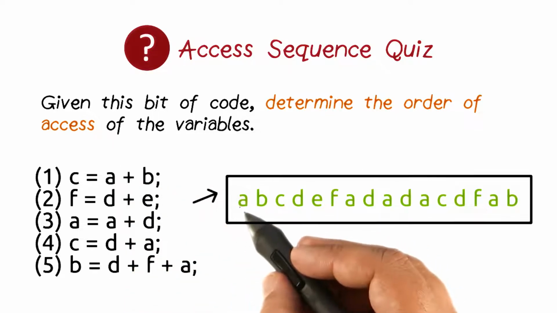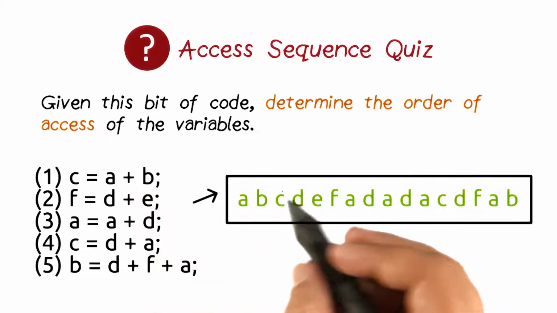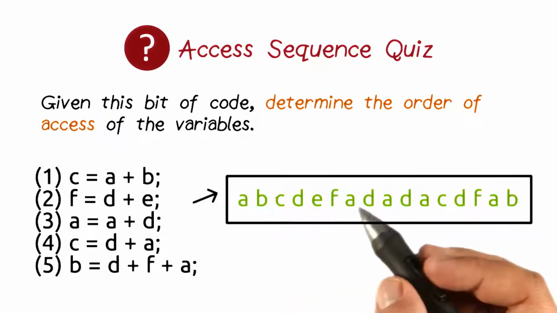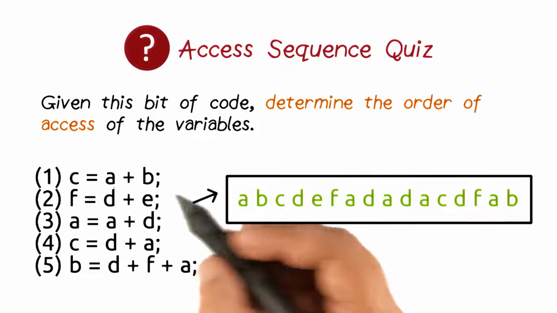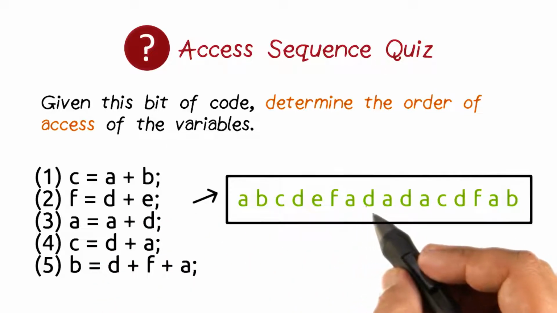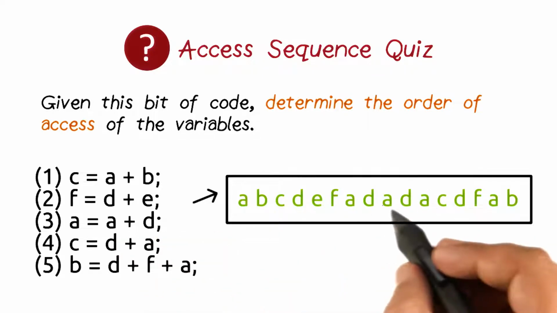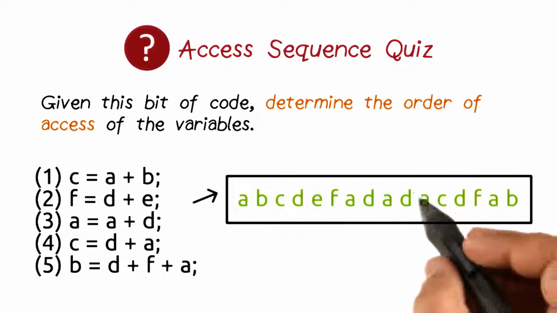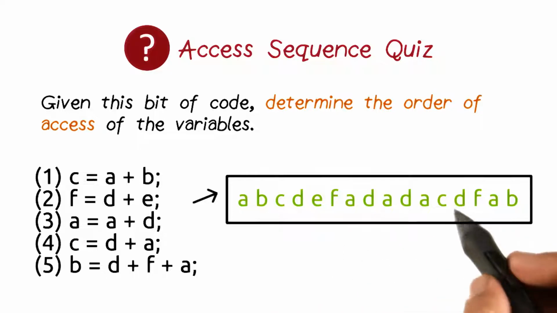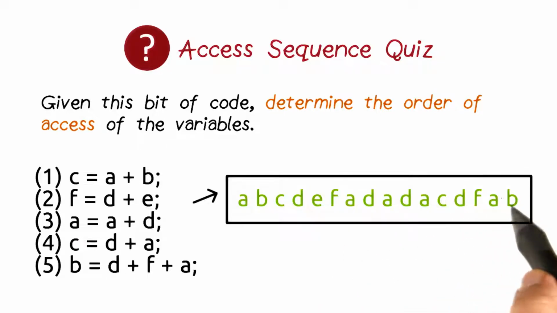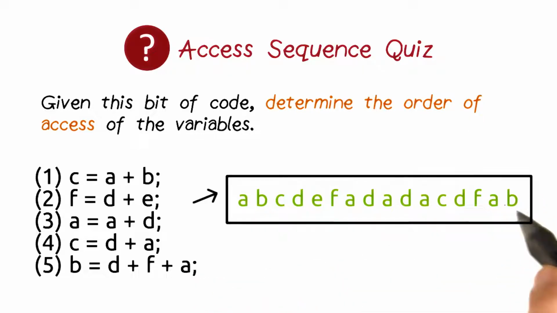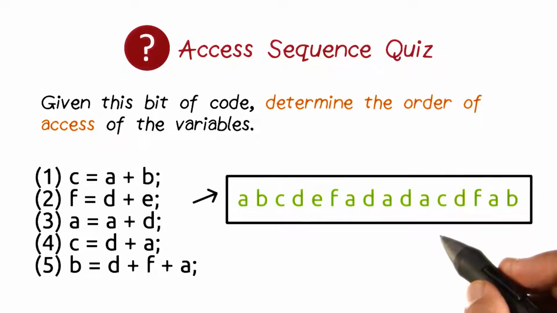So we are going to have to load first A followed by B and then store the value in C. That is why the first three accesses are A followed by B followed by C. And the next one is D followed by E and then store the result in F. And then the next one is A followed by D and then again store the result in A. Finally, we have D followed by A here, store the result in C. And in the end, you do have D followed by F followed by A to load all these variables to evaluate this expression on the right hand side and then store the result in B. Please go ahead and check your answer with regard to this access sequence.